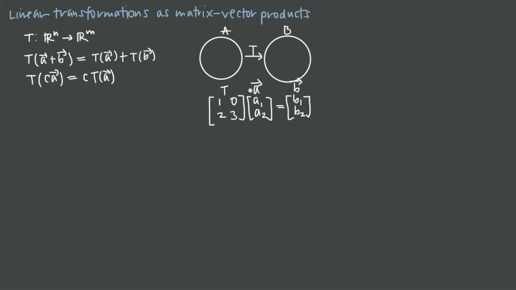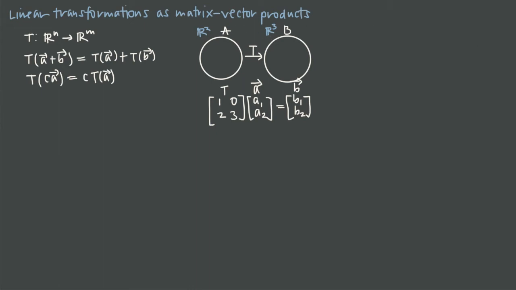So let's give an example here of how we express a transformation as a matrix vector product and the idea behind that. Let's say that A is in R2, and let's say that the transformation T is mapping vectors from A into B, and B is in R3.